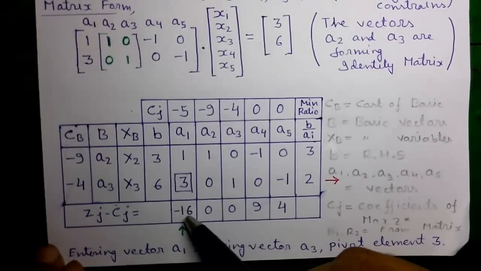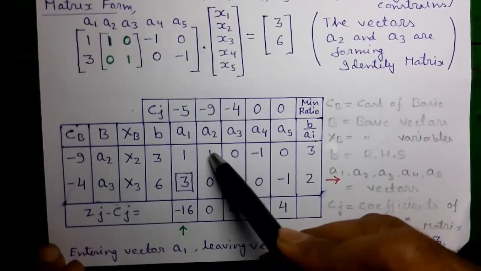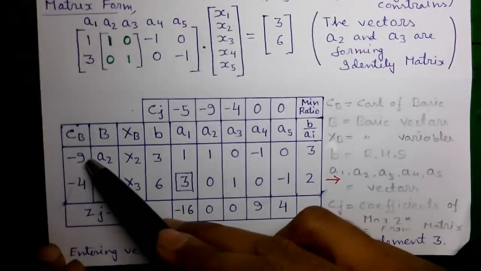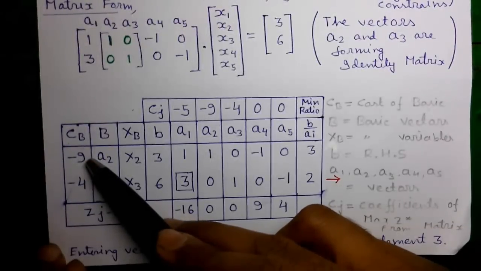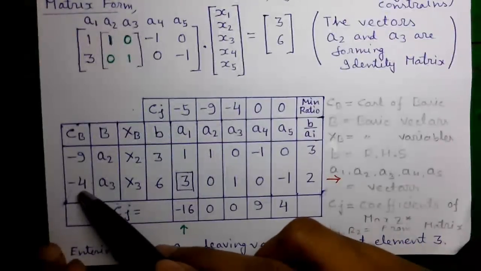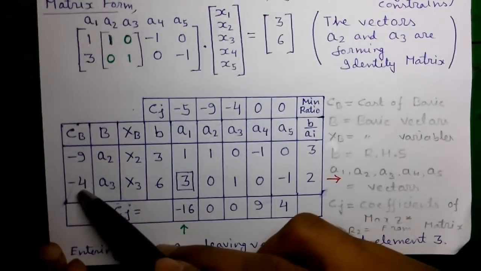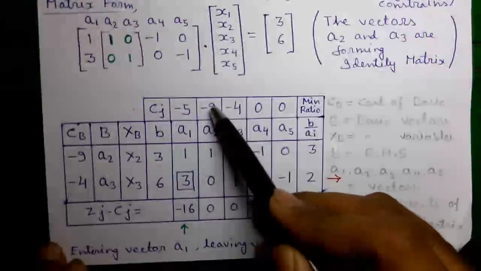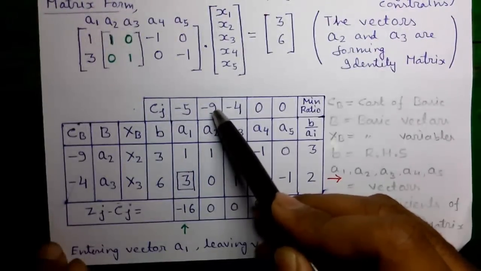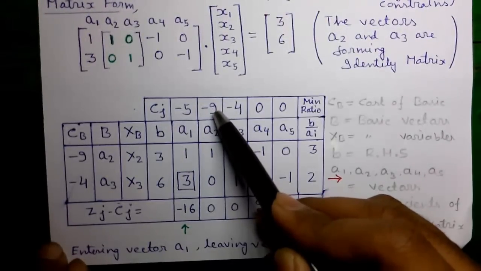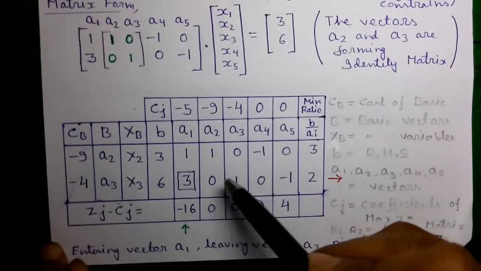That's written here. For a2, 1 into minus 9 is minus 9, plus 0 into minus 4 is 0, minus this number. So minus 9 minus of minus 9 equals 0, written here.